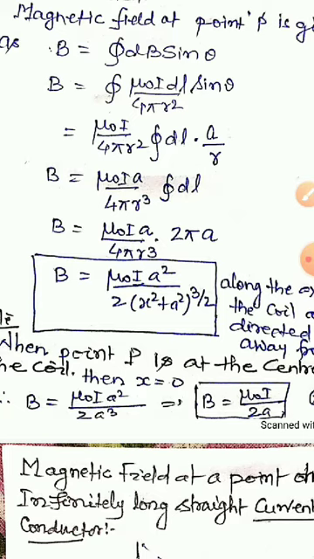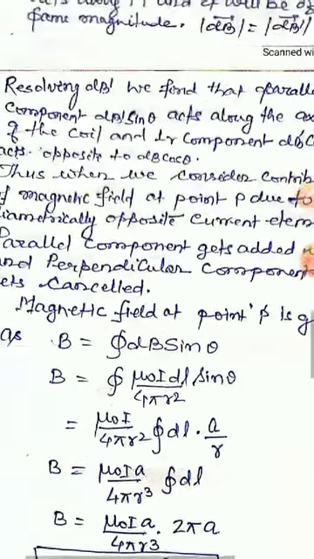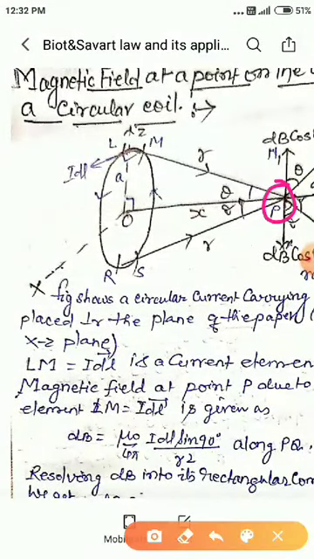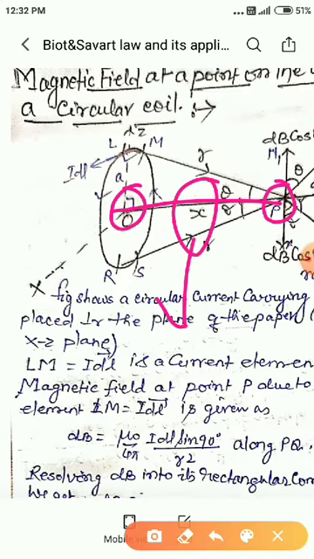Now if the point which is present on the axis of the coil coincides with the center of the circular coil, that is, you can see here in the diagram, this point, if it reaches here, then the value of x is 0. That is, when the point is present on the center of the circular coil, this x will be 0.